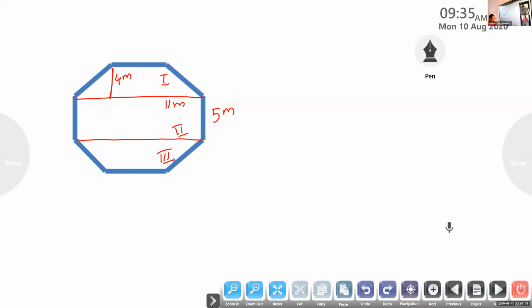So first of all, you write: the given octagon can be divided into three parts.